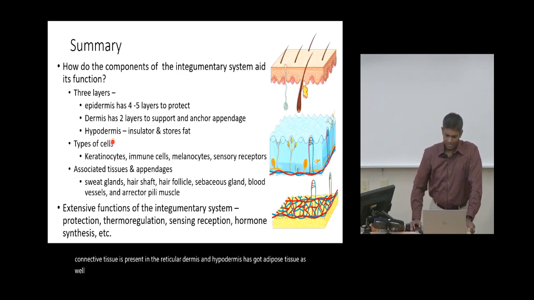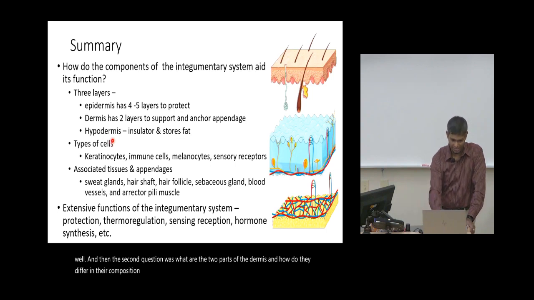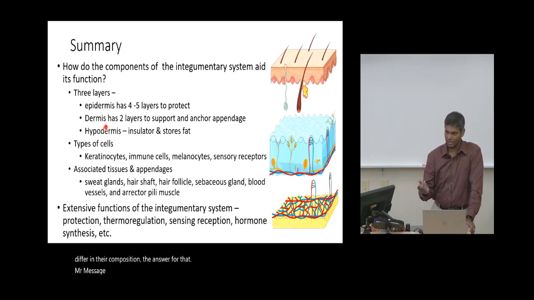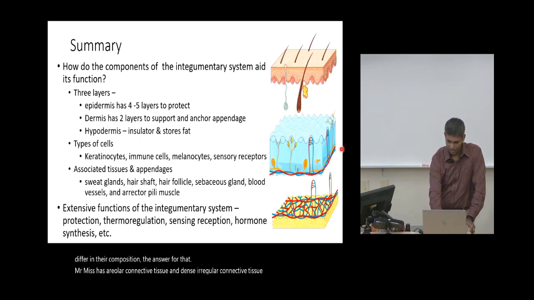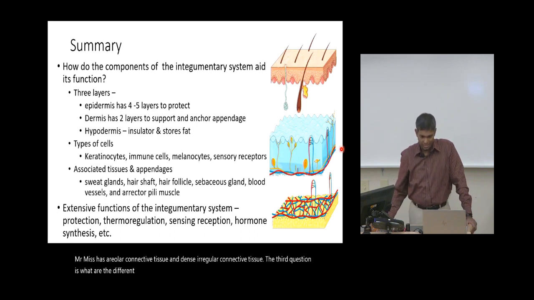And then the second question was, what are the two parts of the dermis and how do they differ in their composition? And the answer for that is dermis has areolar connective tissue and dense irregular connective tissue. The third question is, what are the different sensory receptors found in the epidermis and dermis, and elaborate on their unique functions, right?